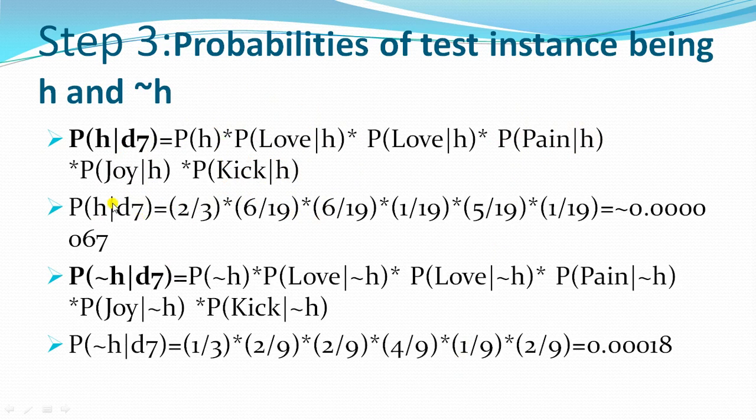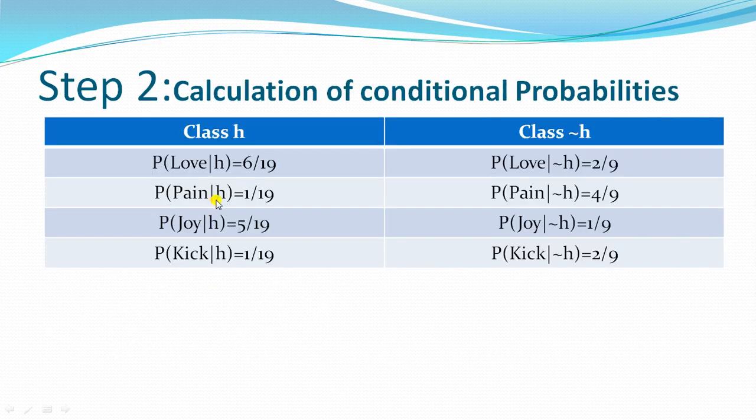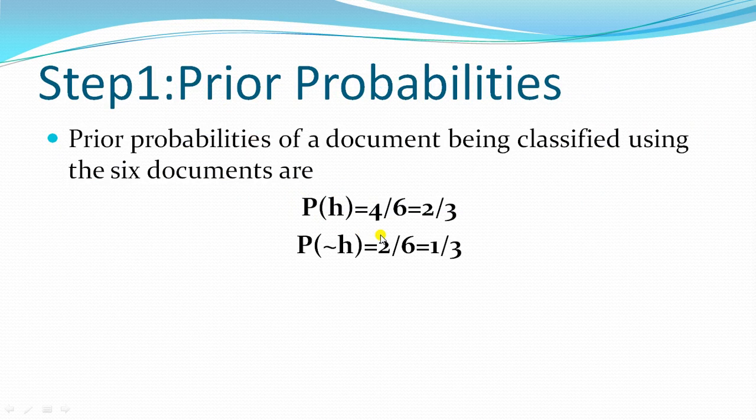That is P of H given D is equal to P of H, the prior probability of H, that is step number 1.